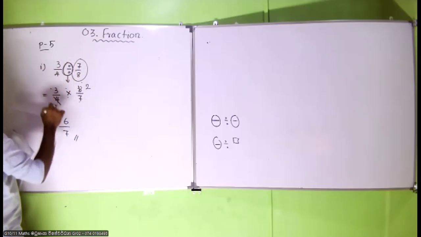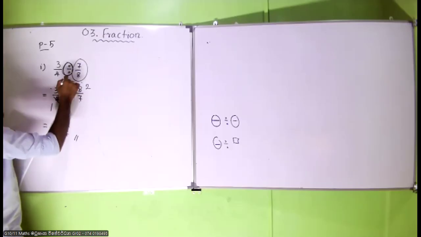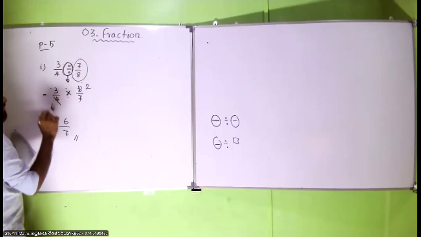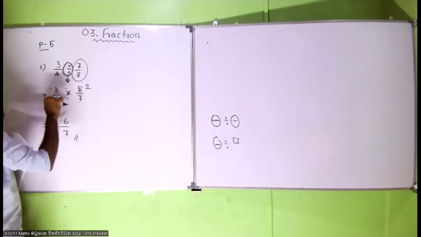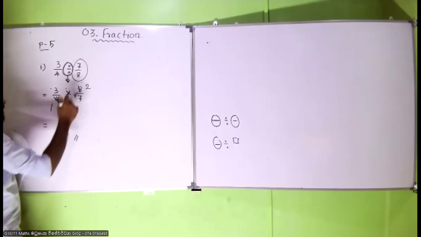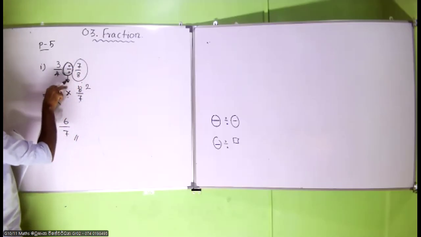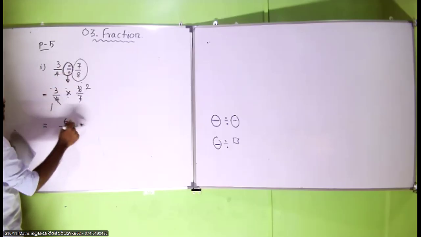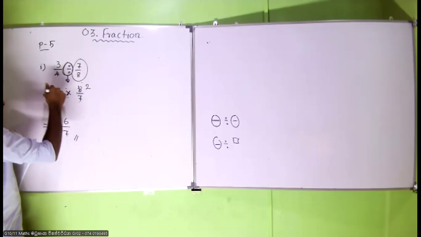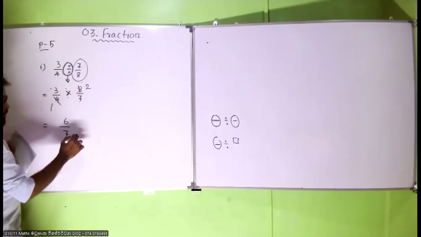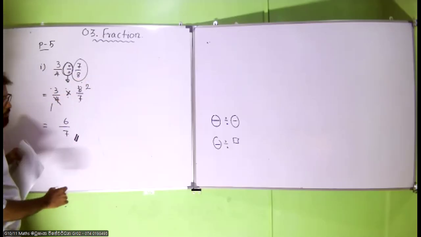When you have the divide mark, you convert it into multiplication, and at the same time take the reciprocal of the right hand side fraction, exchanging the numerator and the denominator. Then cancel the numerators and denominators and finally represent your answer in the simplest form.